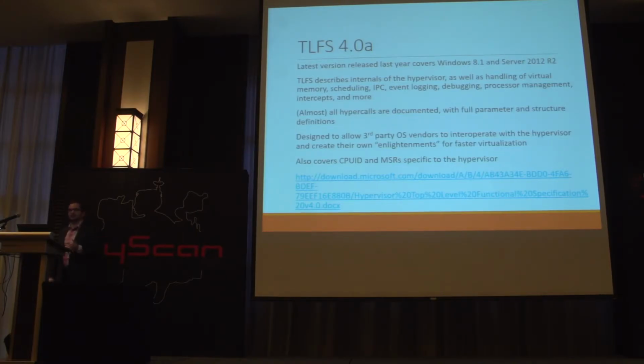It covers Windows 8.1 and Server 2012 R2. It not only describes the hypercalls, it also describes how virtual memory is handled, how scheduling works, how IPC works. It basically is a Windows Internals for the hypervisor. It's designed because Microsoft had to interoperate with other vendors, and this is how Linux can run under Hyper-V. You can download it, the link is there, or you can just Google for it and you're going to find it.